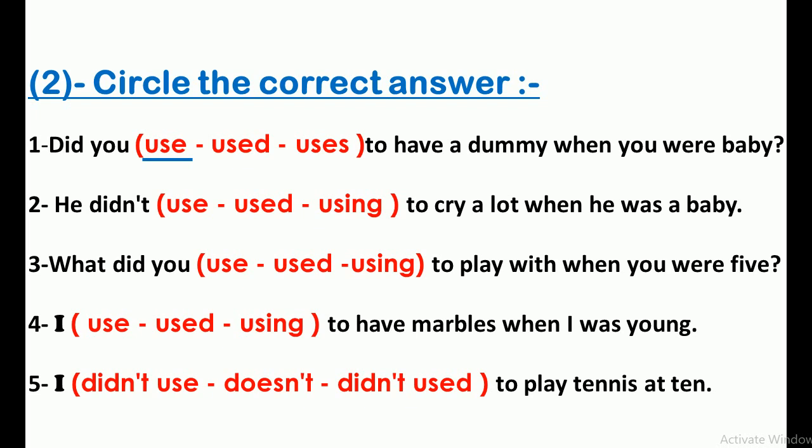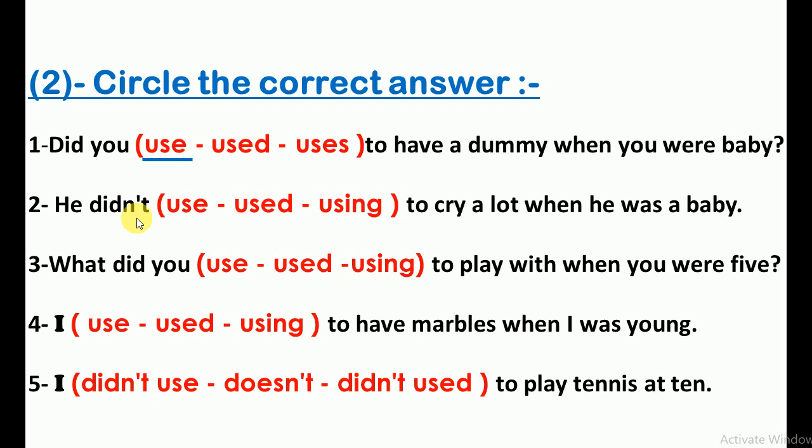Somebody is asking me, why didn't we say, did you used to, the middle answer? Why didn't we choose used? All right. The simple answer is, after did in the question, or didn't in the negative form, never put used.